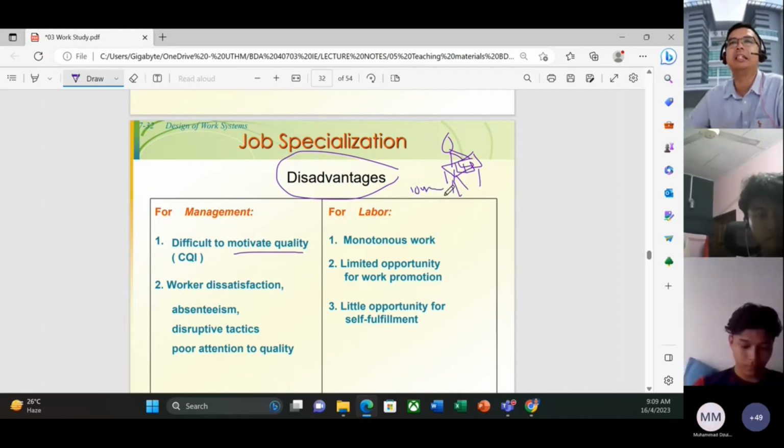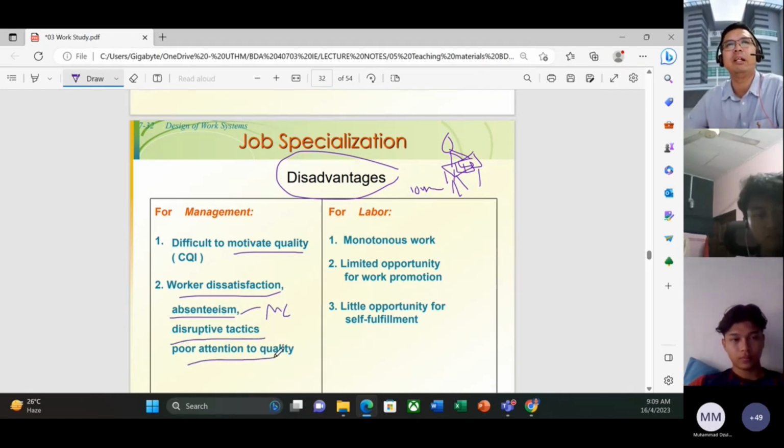For the first 5 years he had good quality, but after 5 years, there might be low quality due to age factors, fatigue, and others. And worker dissatisfaction, apathy. For management: MC records, disruptive tactics, and poor attention to quality.